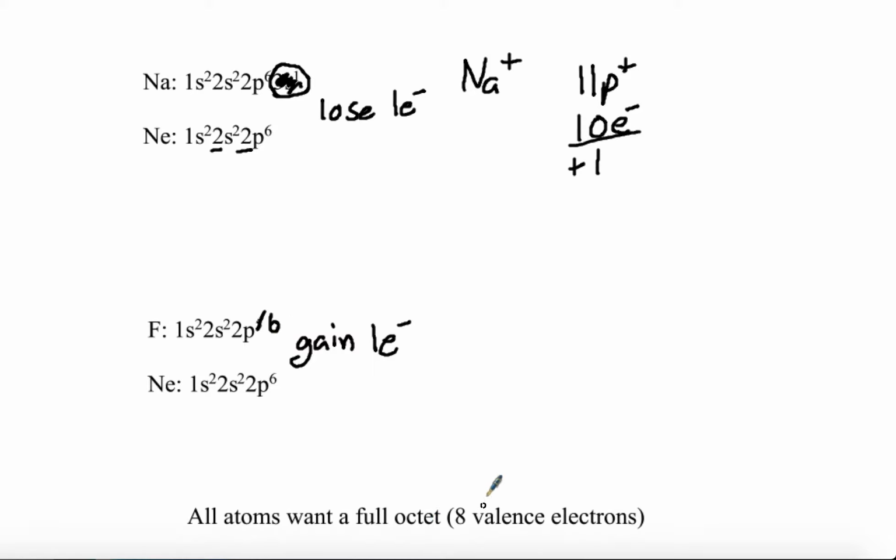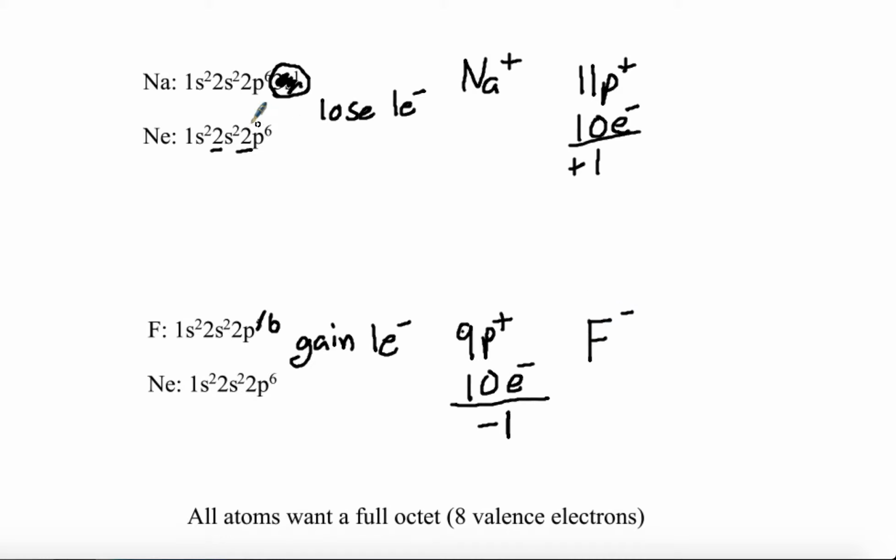The octet again being the 8 valence electrons. So fluorine with 9 protons, having gained an additional electron, has 10 electrons. Which means overall there will be 1 electron unaccounted for. That's not going to be negated by the charge of a proton. So fluorine will take on the -1 charge.